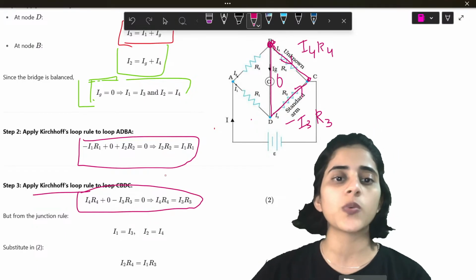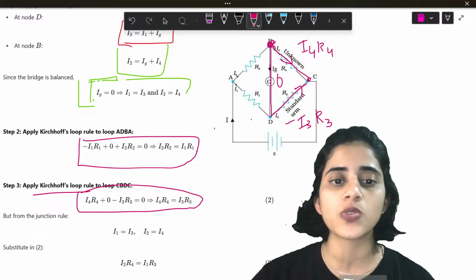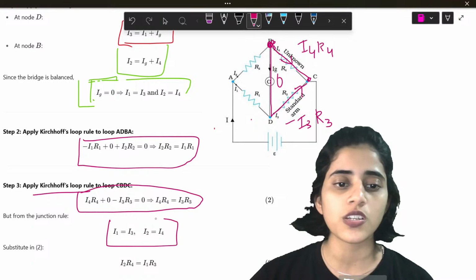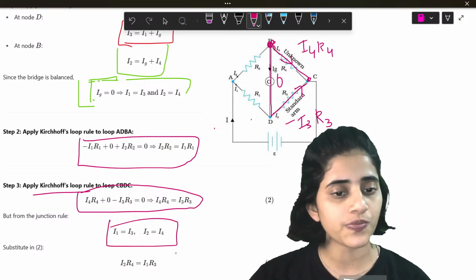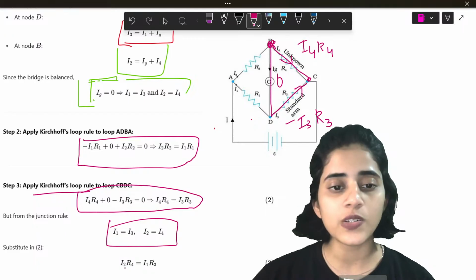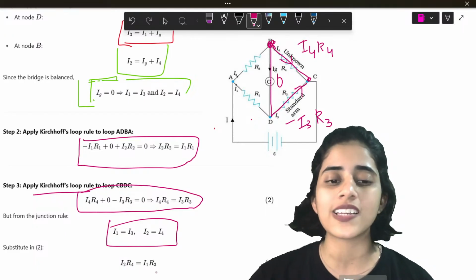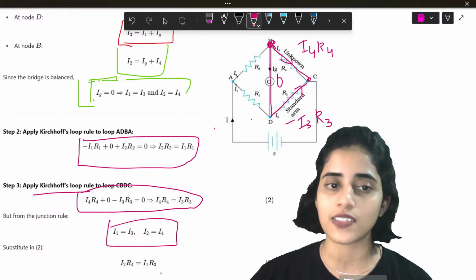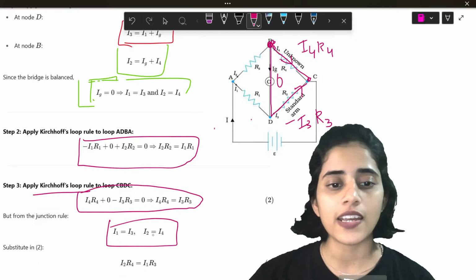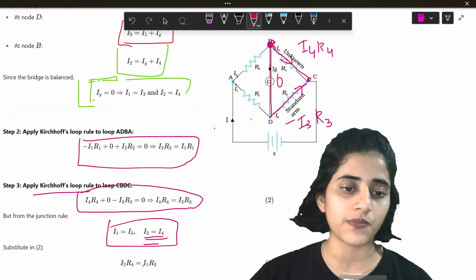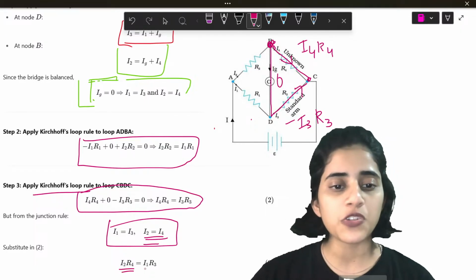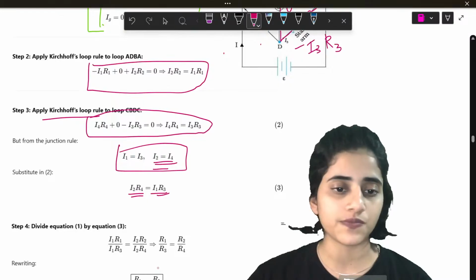So from these two equations, in the first equation you get I2 is I1. Second equation you get I4 is I3. So you just equate it. Okay. So what will you do? You will write I2 times R4 is I1 times R3. How did I get that? Because I2 and I4 are the same, so instead of I4 I write it as I2. Now instead of I3 I write it as I1.